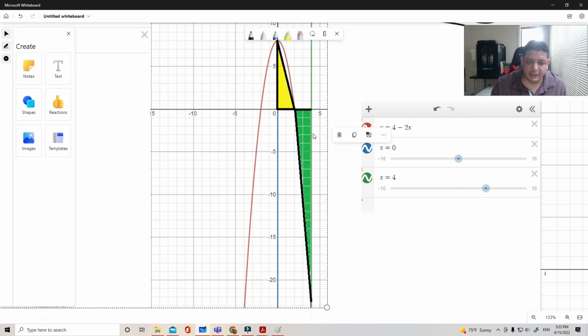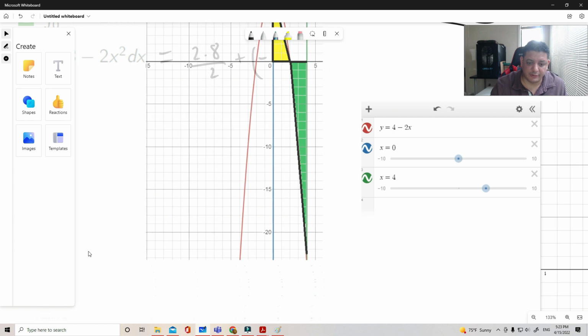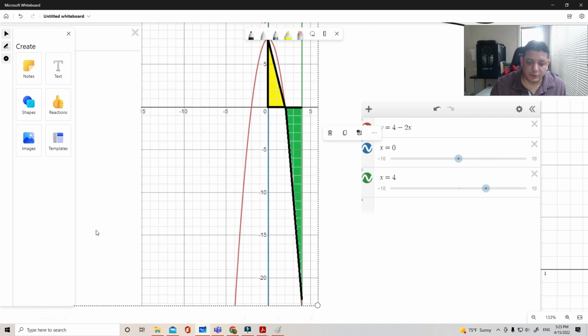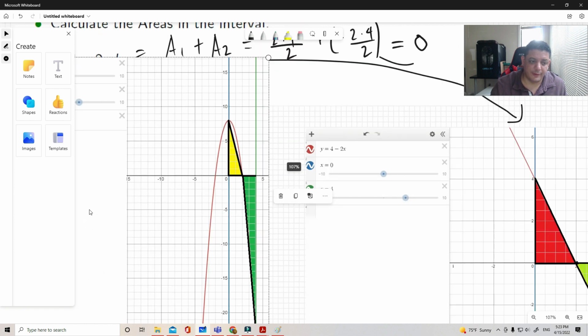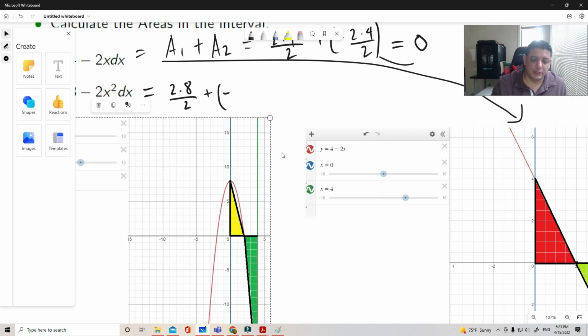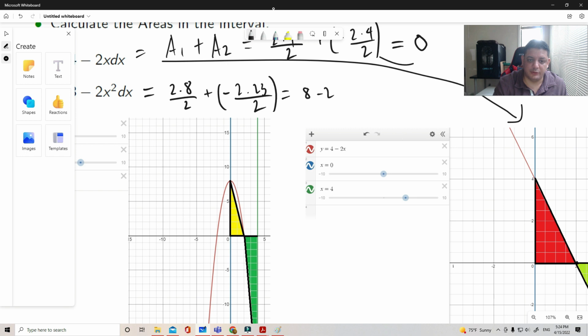And see that we have a base of 2, but we're going to have a height of around 23. So minus 2 by 23 over 2. Okay? And so that's producing 8 minus 23.